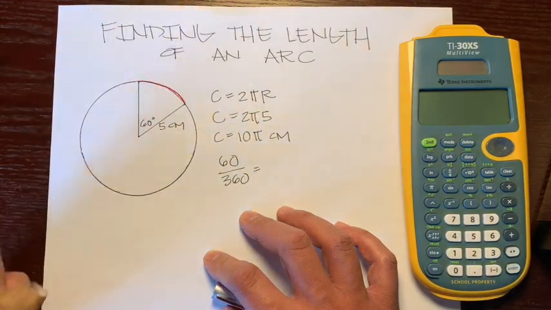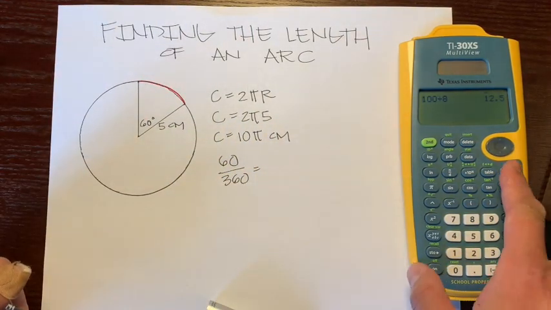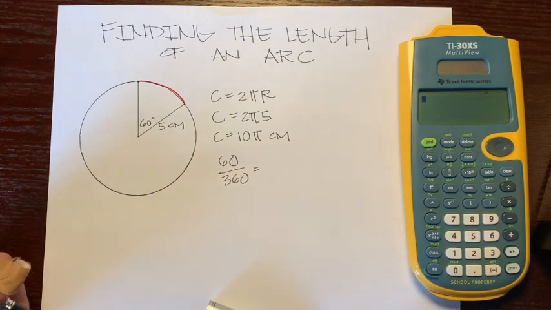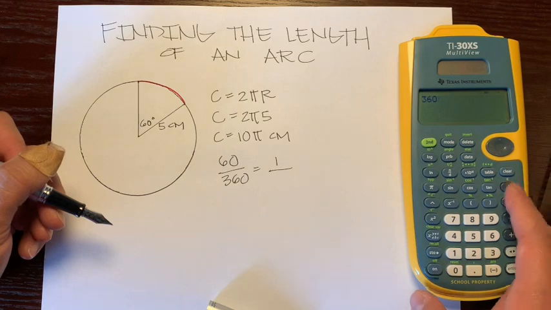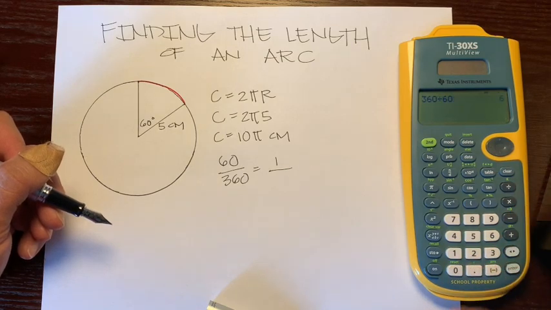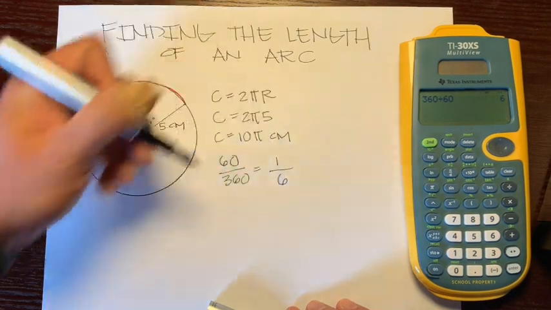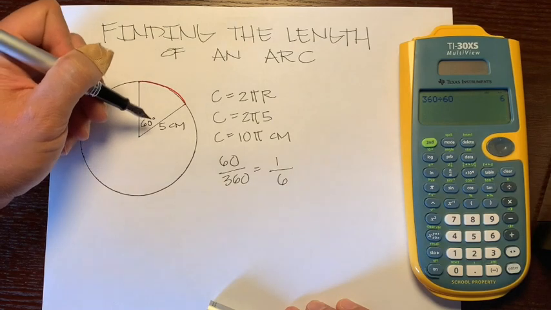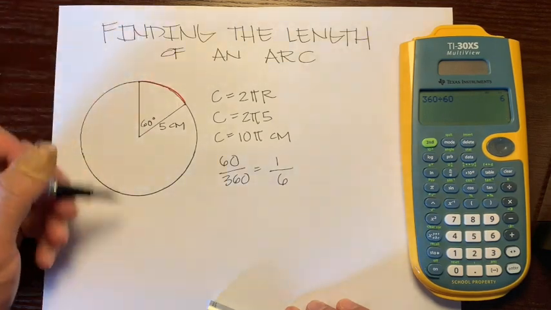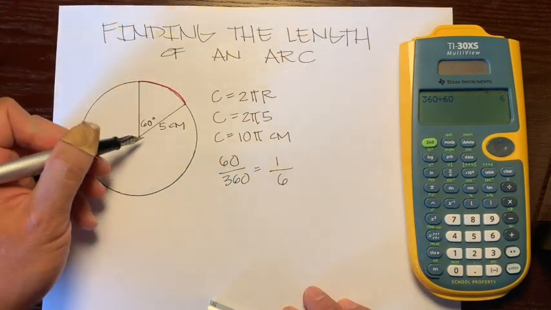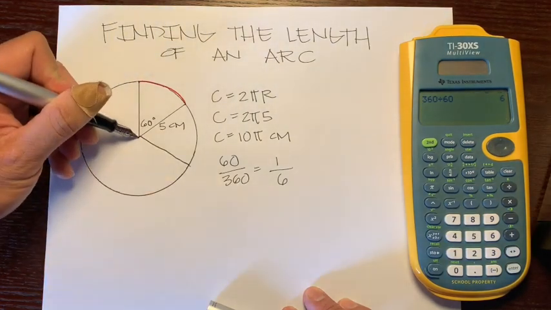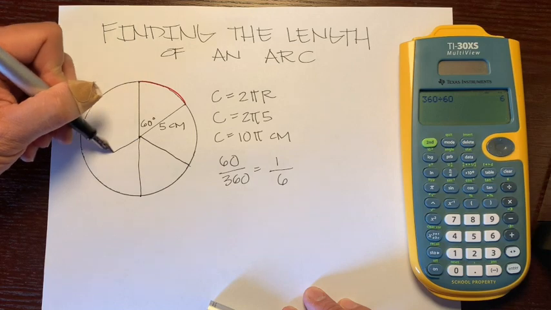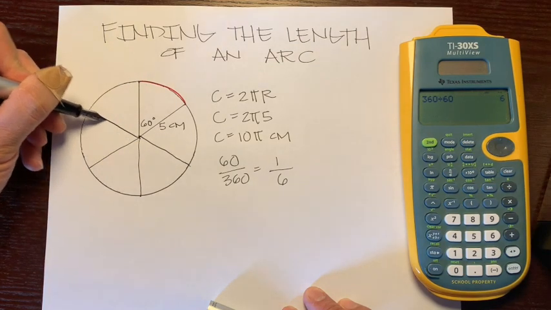Then we'll use our calculator. 60 divided by 60 is 1, and 360 divided by 60 is 6. So this slice of pizza is 1 out of 6 equal pieces of pizza. So here, here, and here.